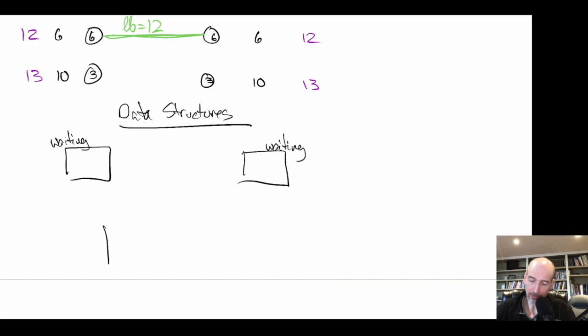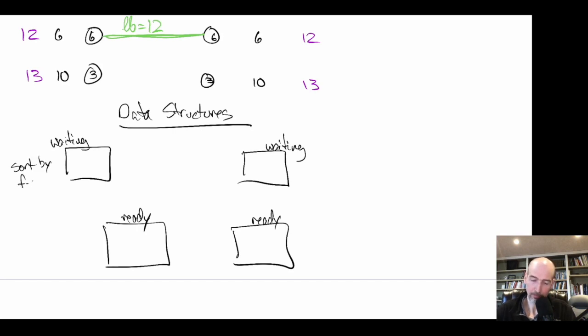And then we're going to have another set of data structures down here, which we're going to call ready. Okay, and the idea here is we're going to sort these by f cost. And then down here, we're going to sort by g. And this is going to be low to high.